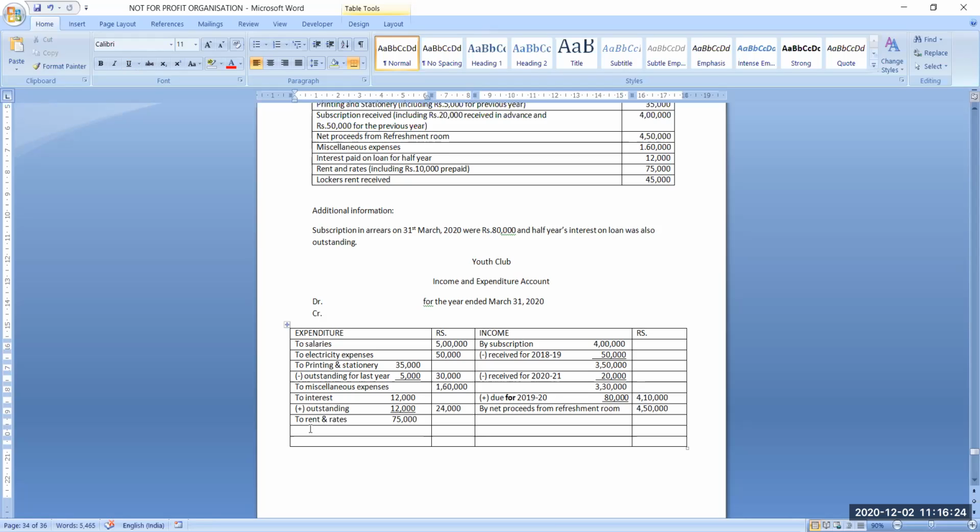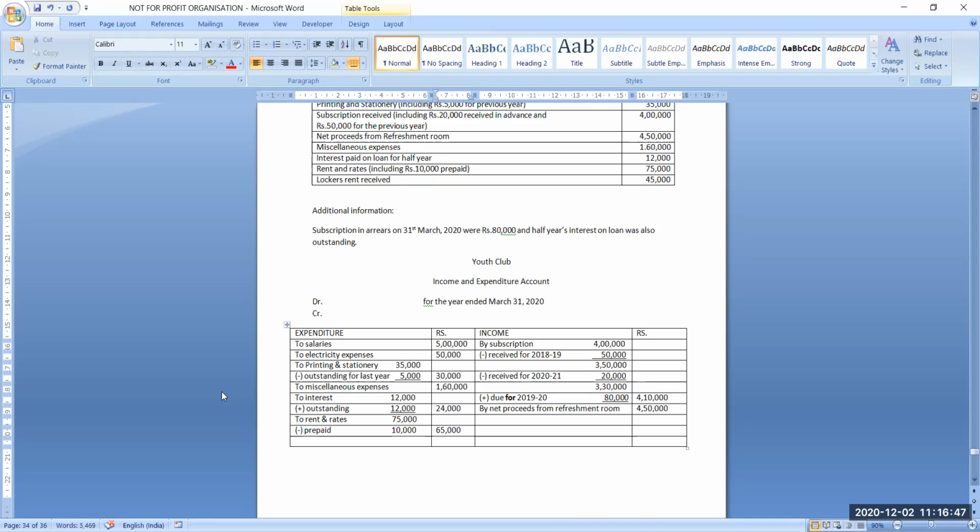Each and every adjustment should be presented in a proper manner. Last year you have learned all these things. Prepaid 10,000. So the balance will be 65,000.